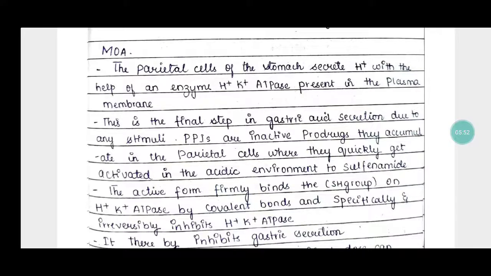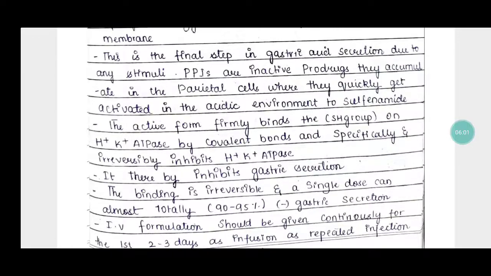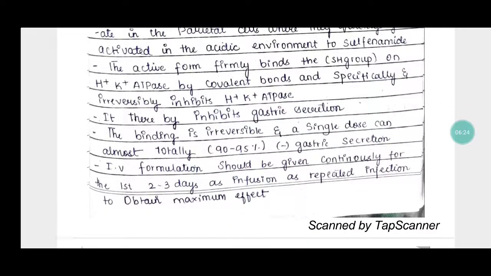This is the final step in gastric acid secretion due to any stimuli. The proton pump inhibitors are inactive prodrugs; they accumulate in the parietal cells where they quickly get activated in the acidic environment to the sulfonamide. The active form firmly binds the SH group on the hydrogen potassium ATPase by a covalent bond, and specifically and irreversibly inhibits hydrogen potassium ATPase.